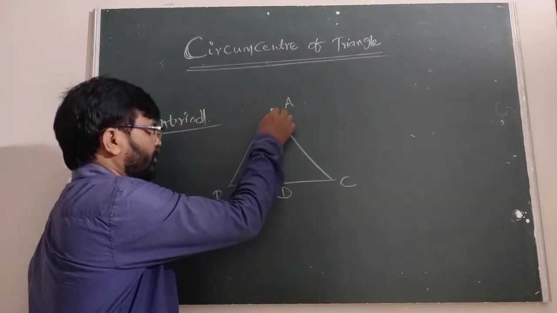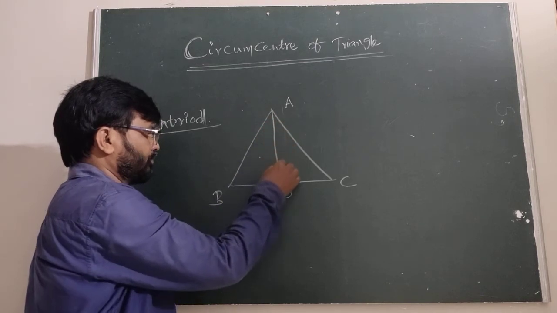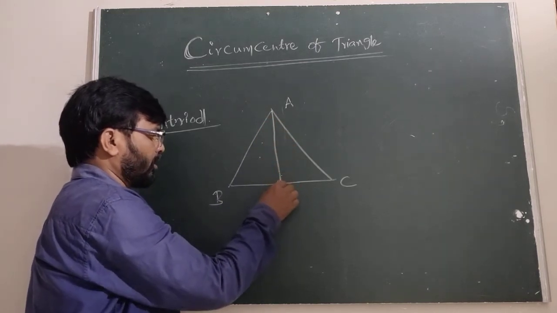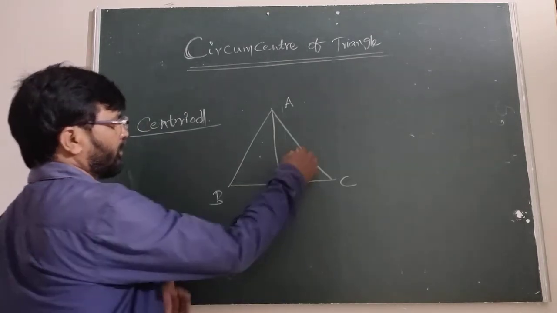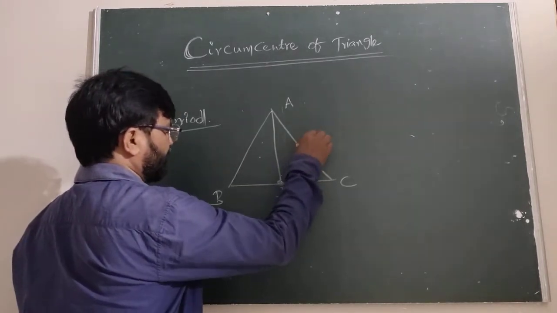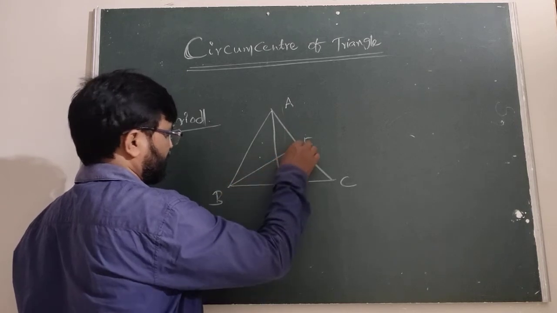The line segment joining the vertex to the midpoint of the opposite side is called the median. So here the midpoint of the side AC is E. This is the median BE.